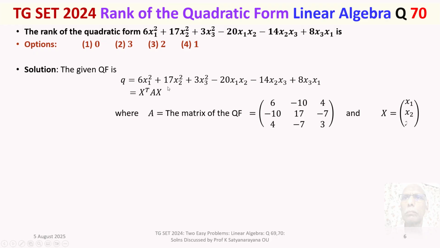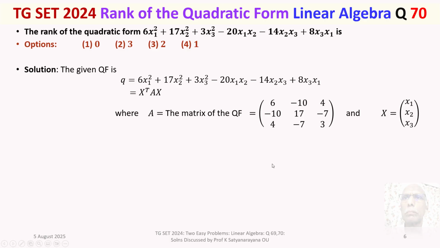We write it as 6, 17, 3 along the diagonal, and minus 20x1x2, make half of it, minus 10 in the 1 2 position, and minus 10 in the 2 1 position. Likewise, 8x3x1 we have written 4, 4, and minus 14x2x3 we have written minus 7, minus 7. The matrix of the quadratic form we always write in a real symmetric form, and capital X is the column vector x1, x2, x3.